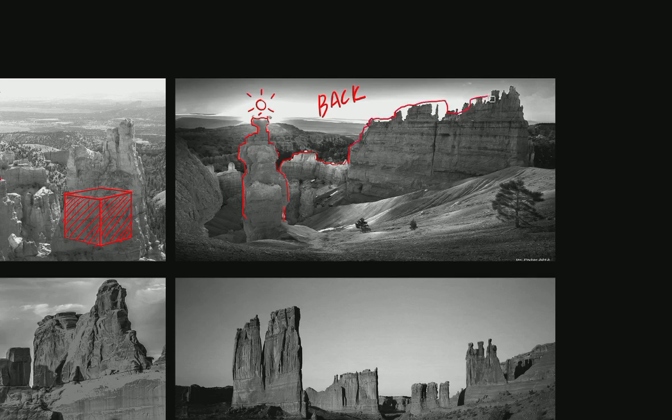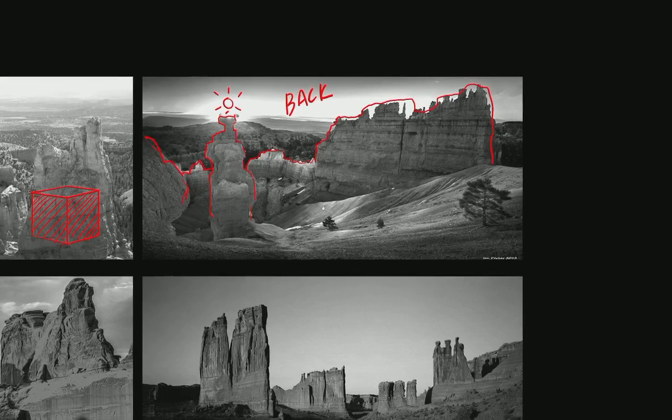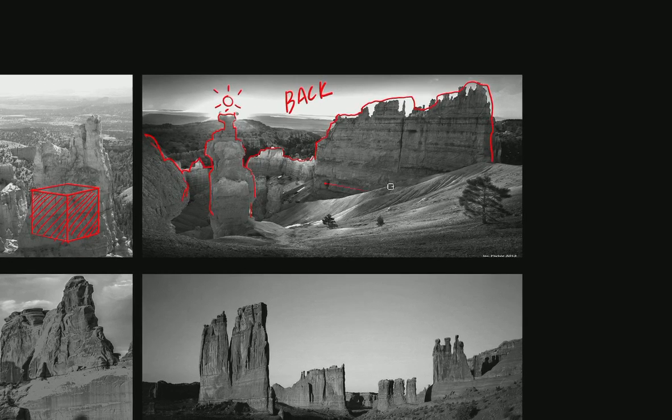So if you think about how this translates into a basic form, if we have a box and the sun is backlighting it from here, this box is going to be lit only on the front side.